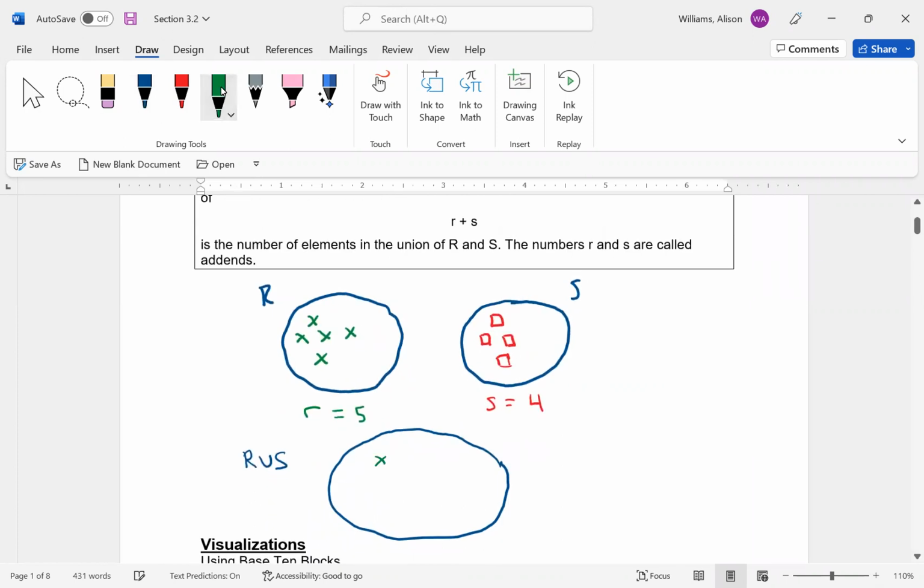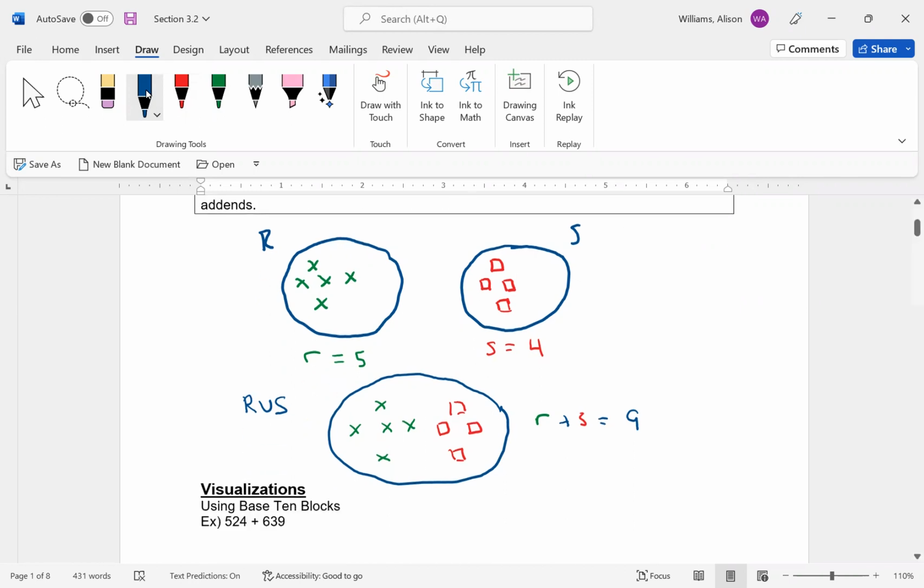That would mean that we'd be taking these X's and combining them with the squares. And r plus s would be the combined number of members that are in here, which are 9. So that's the definition of addition. I know you're like, wow, that's kind of amazing, but it is how we would define it.